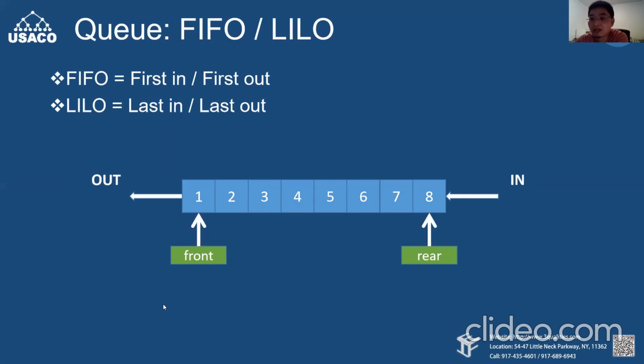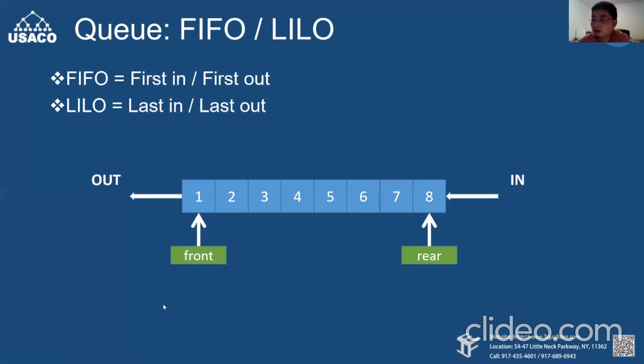Just like a supermarket, or a clinic where you see the doctor, you need to sign up. They have a waiting list. First in, first served. Same concept. It's a queue. So FIFO and LILO.